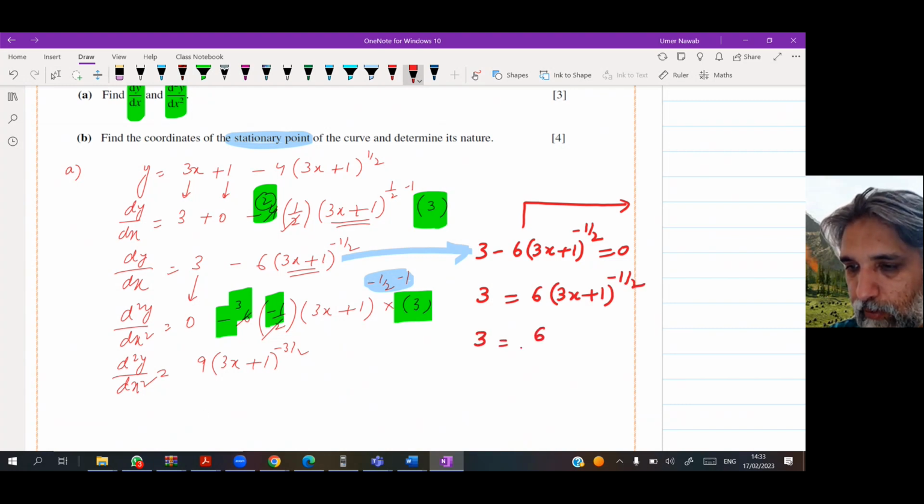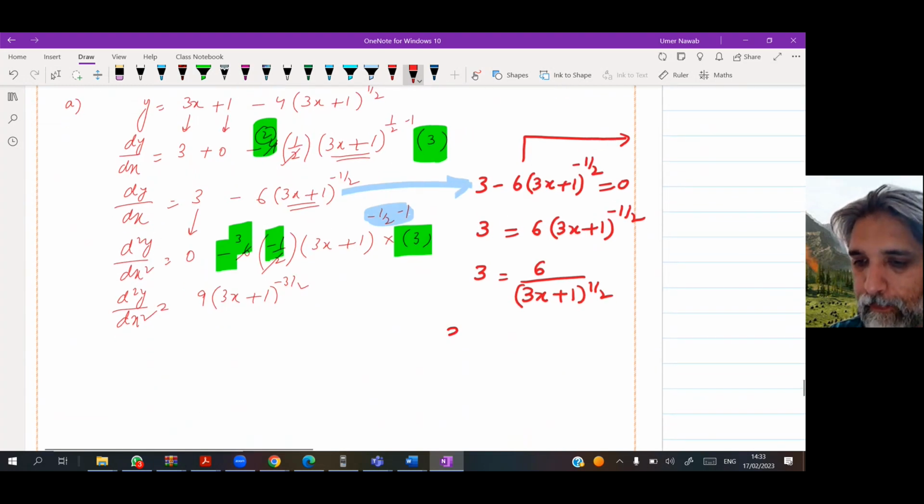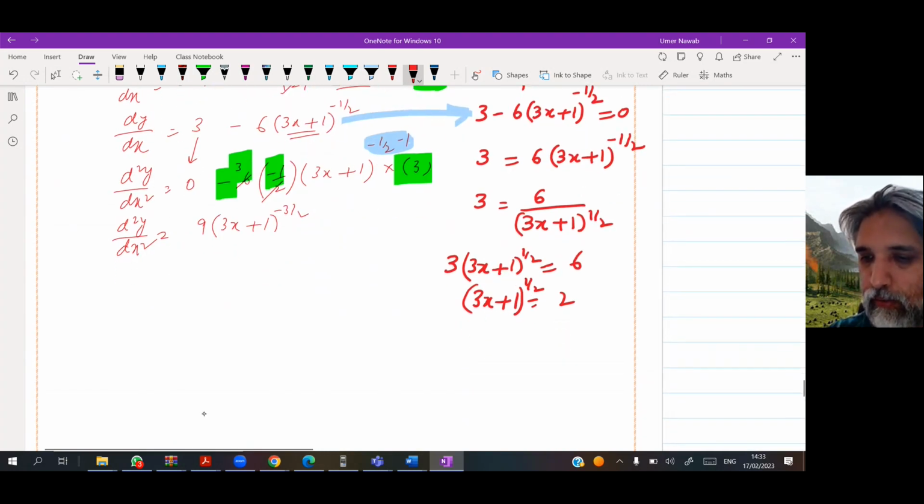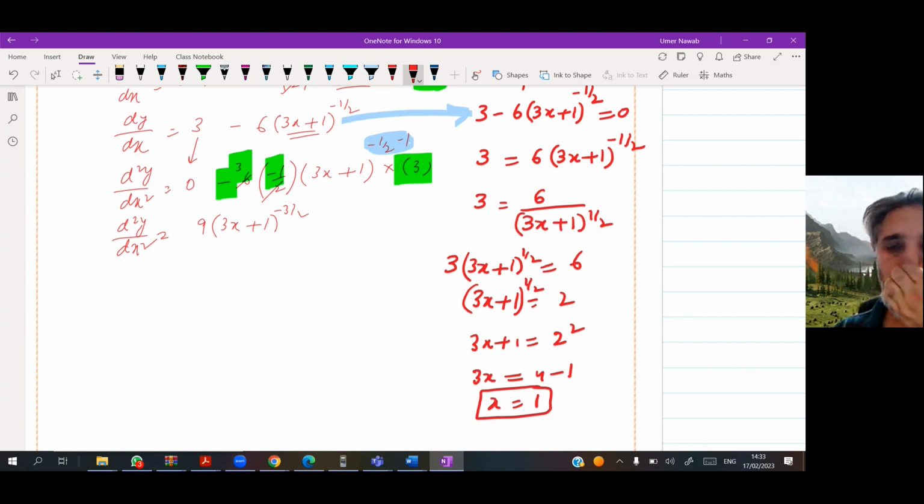Change the negative power to the positive power. Cross multiply. Send the 3 to the other side. Take the square on both sides. 4 minus 1, so x equals 1. So x equals 1, the x coordinate, we found it.